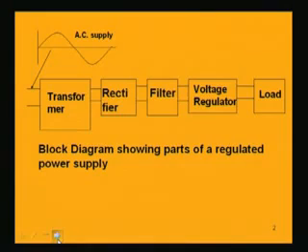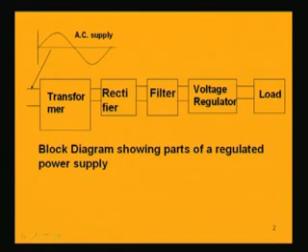Now again we go back to the block diagram representation of a regulated power supply that we just touched upon while discussing the rectifier circuit using diodes. If we look into the block diagram representation of a regulated power supply, in different stages we will be having different devices, as shown here.